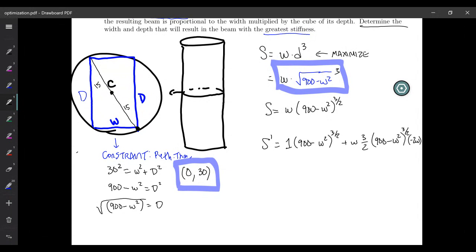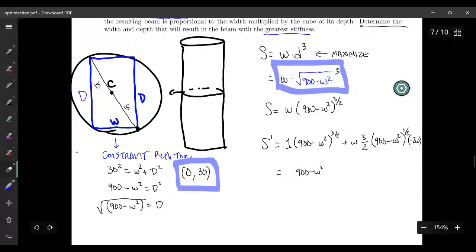And then the second part, I'm going to use the chain rule. Oh, that should be a 1/2 power. You have to decrease the power by 1. Let me backtrack here and erase that.